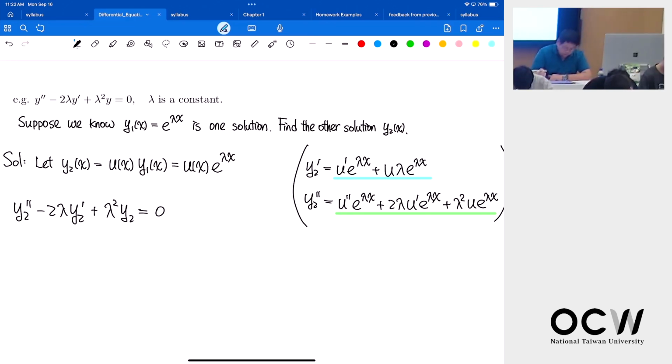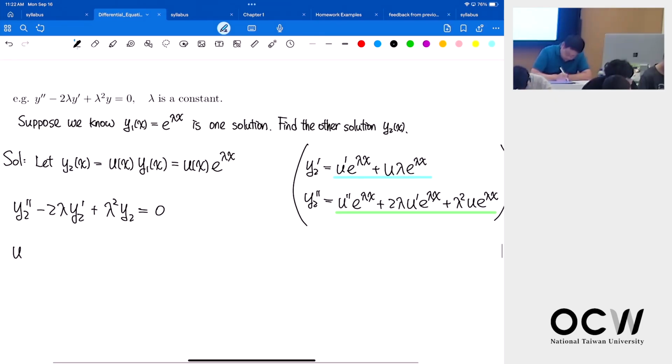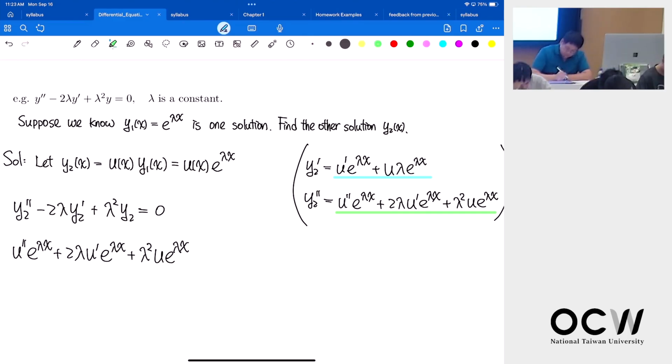What is y2 double prime? u double prime e to the lambda x plus 2 lambda u prime e to the lambda x plus lambda squared u e to the lambda x. Okay, that's the green one.